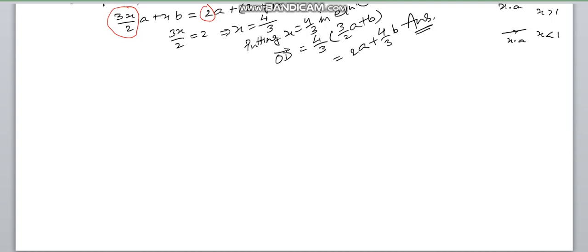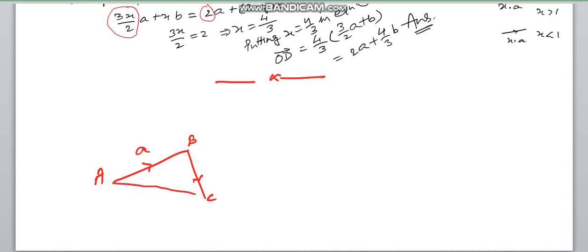Let me explain how to find a resultant vector. Suppose this is a and this is b. Consider this as the flow of water in a channel. If I ask you how water is flowing, you can say water is flowing smoothly from point A towards B and again from point B towards C. There is no blockage, no hindrance anywhere.